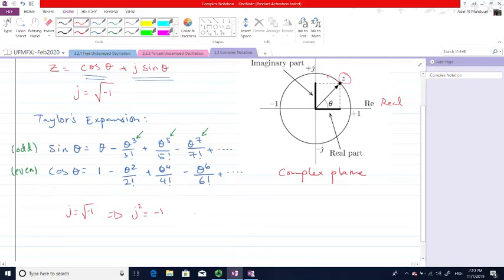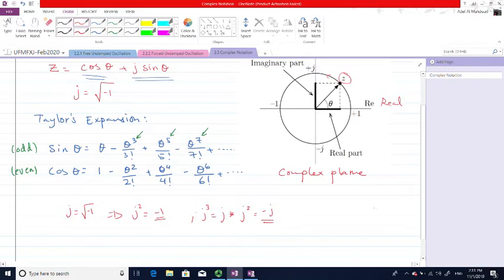However, if we have j to the power 3, we get j multiplied by j squared, and since j squared is -1, we have minus j. Now we can understand what j is here.